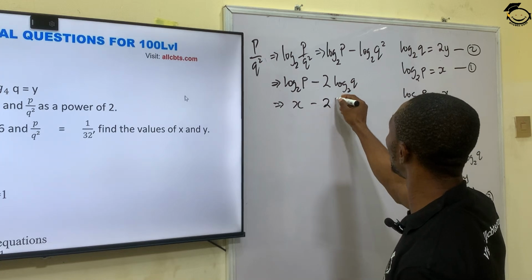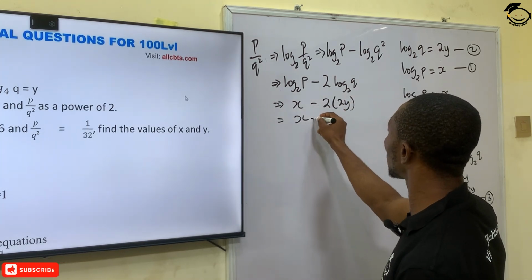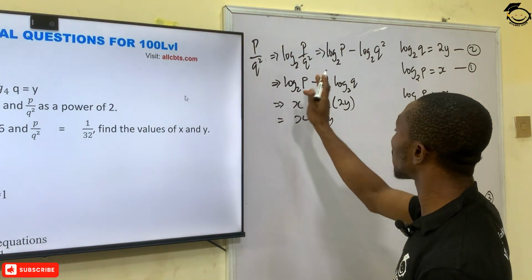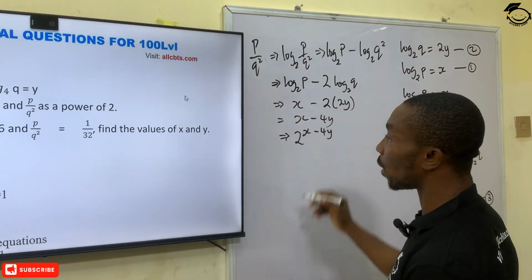So this gives us 2 times 2y, which is 4y, so we have x minus 4y. In the powers of 2, this gives us 2 raised to the power x minus 4y.